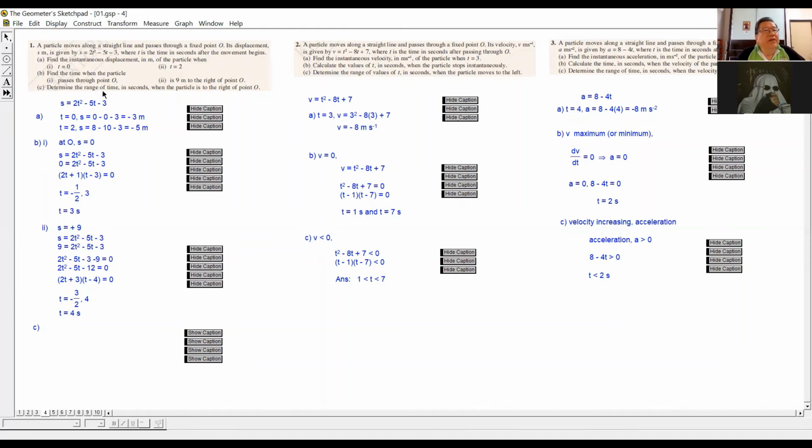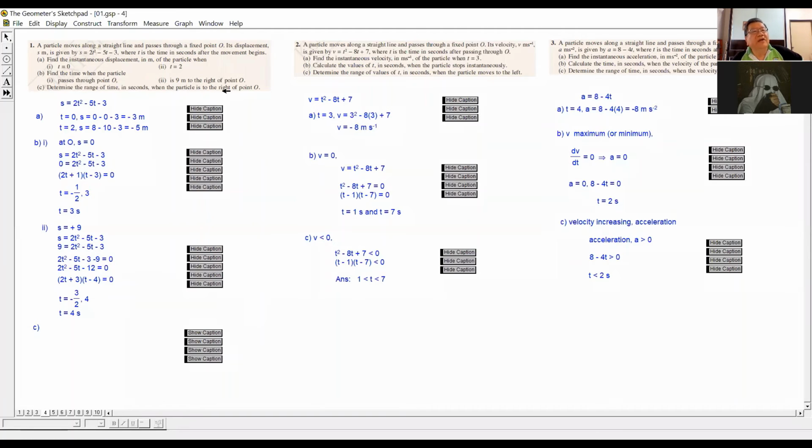Last part, determine the range in time when the particle is to the right of the point O. Right of the point O means what? Zero. Greater than 0.